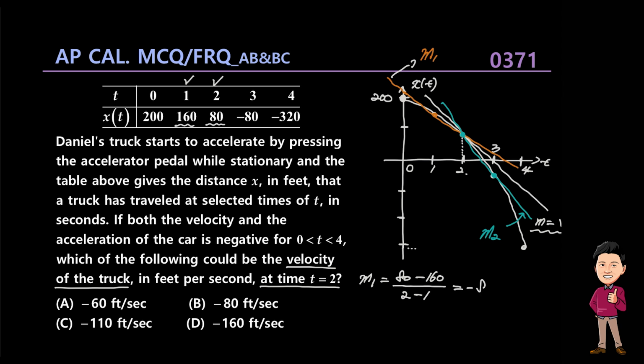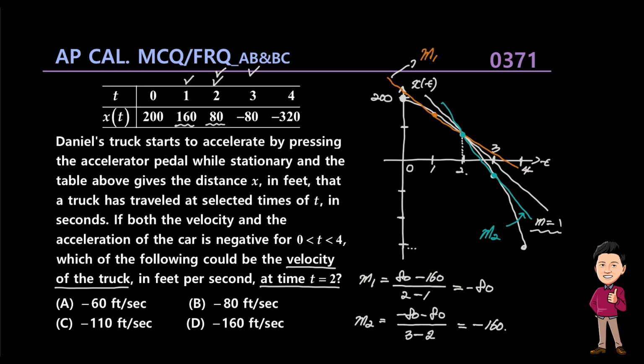So that's negative 240, right? Let's find m2. m2 is the slope of the second line that passes through these two points. So y2, that's negative 80, minus y1, 80, over x2 minus x1. That's going to be negative 160.